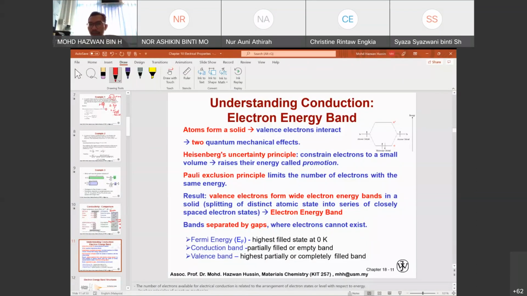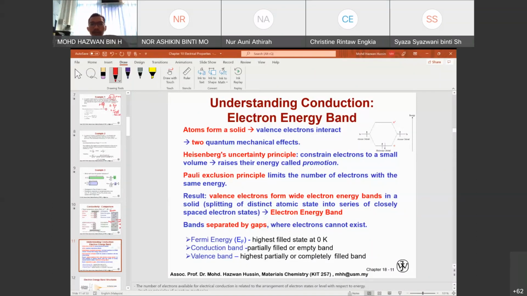That is why you have different values of conductivity, because some elements have a very low electron number, and it can easily experience promotion from one orbital to another orbital. But if you have more electrons and a more stable configuration, then things will be different.